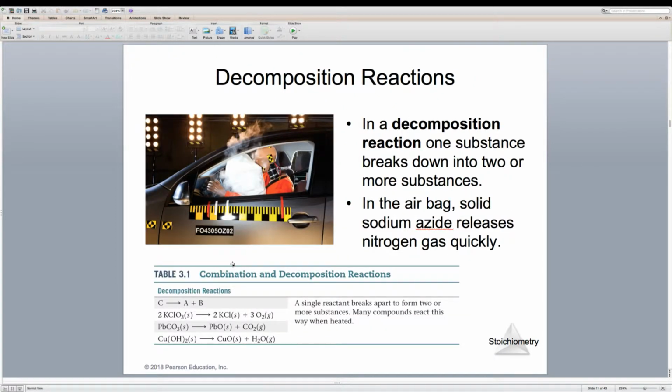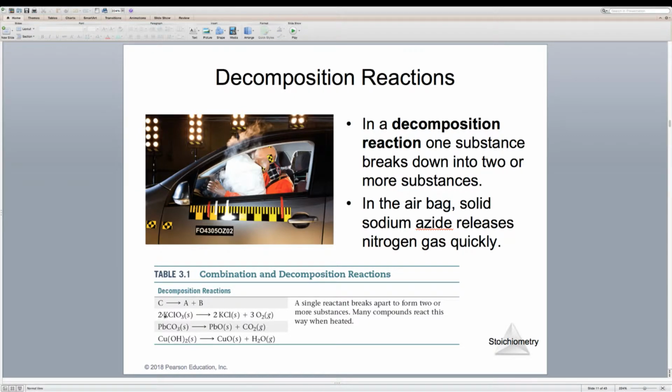So in a decomposition reaction, one substance, whether it's a compound or a salt, if you will, it could be a solid, could be a gas, but they break down into two or more substances. So it's kind of the reverse of a combination, a reverse of a synthesis reaction. So what we see here is C breaking down into A and B, and we have that here.